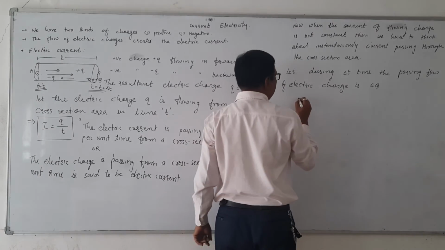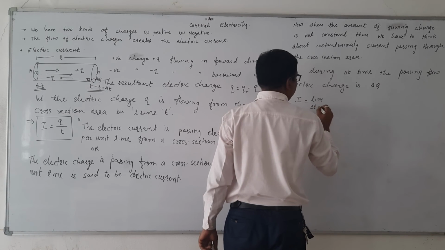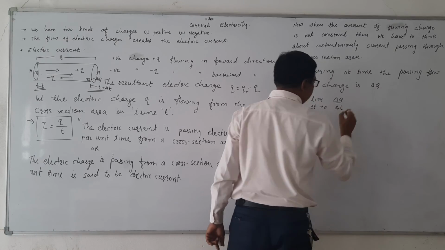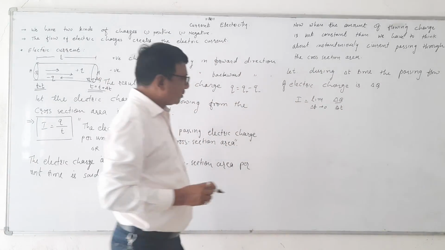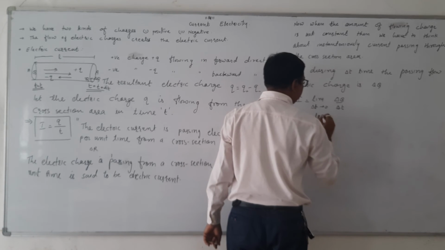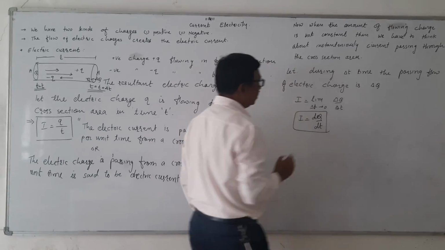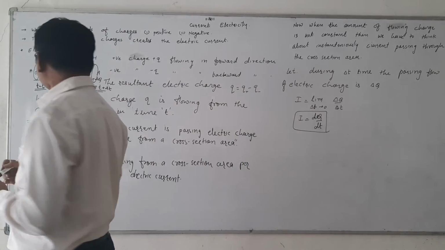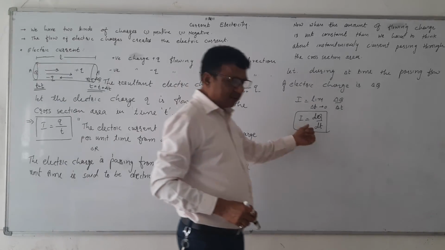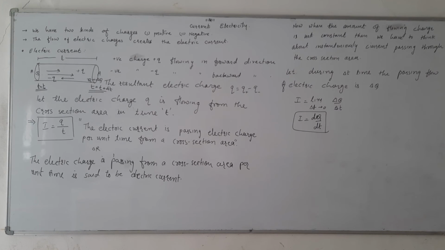So I is equal to limit delta t tends to 0 of delta Q upon delta t. So I is also described in this form as dq upon dt. This is the second formula of this chapter. First one is I equal to Q upon t, and second one is I equal to dq upon dt.